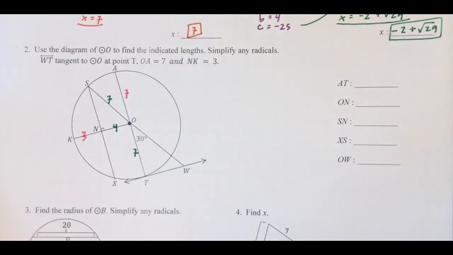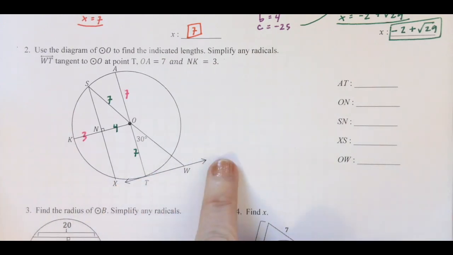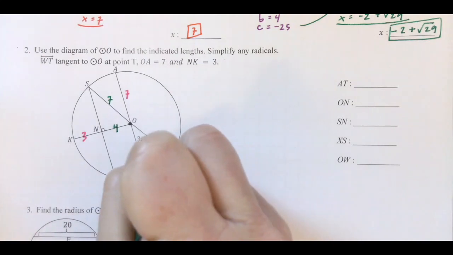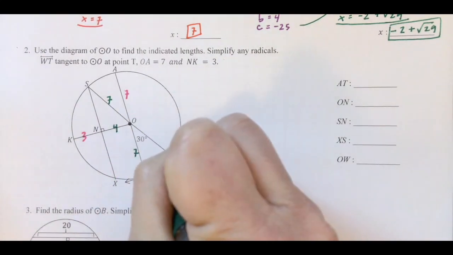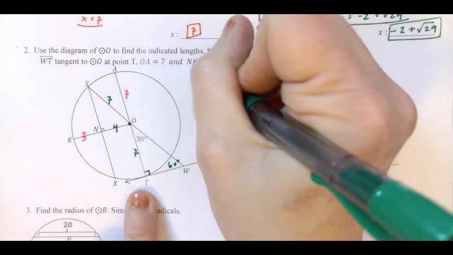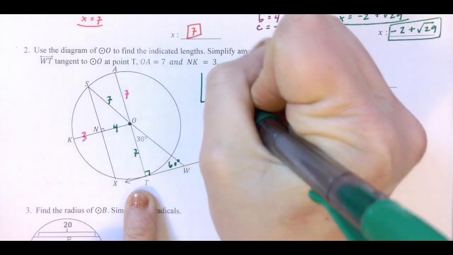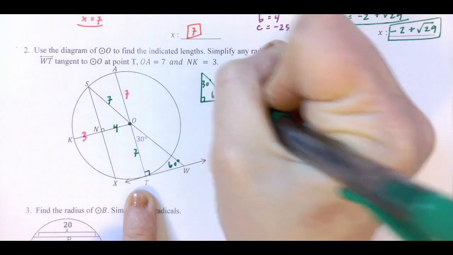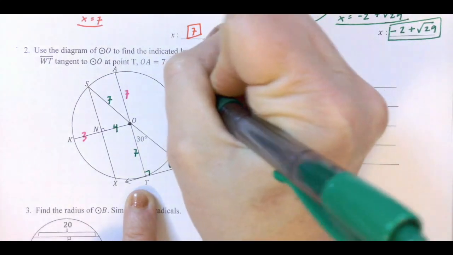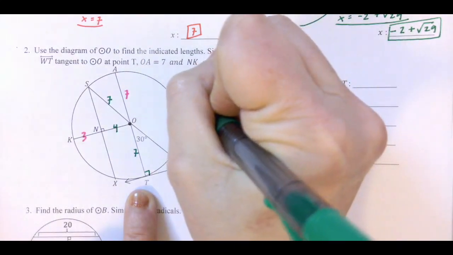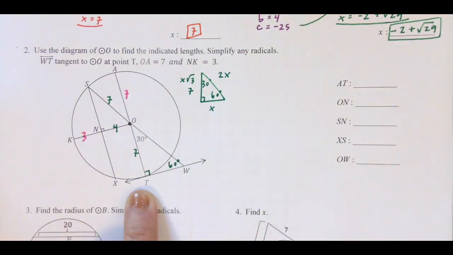Okay, I'm also told that this is a tangent at point T. This is a radius. So I must have a right angle in here, which shows me that I have a 30, 60, 90 triangle right there. So let's say that I build off of that first. Let me sketch that to the side. So if that's a 30, 60, 90 triangle, that's my x, that's my x root 3, that's my 2x, and my x root 3 side is 7.